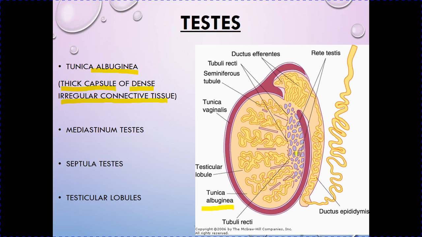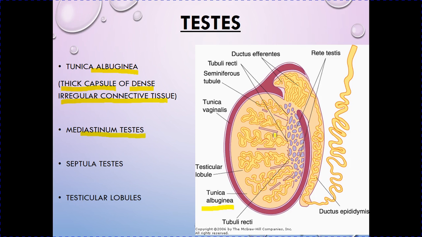Posteriorly, in this region, the tunica albuginea is thickened and it projects into the gland as the mediastinum testis. So we said that posteriorly the tunica albuginea thickens and forms the mediastinum testis.